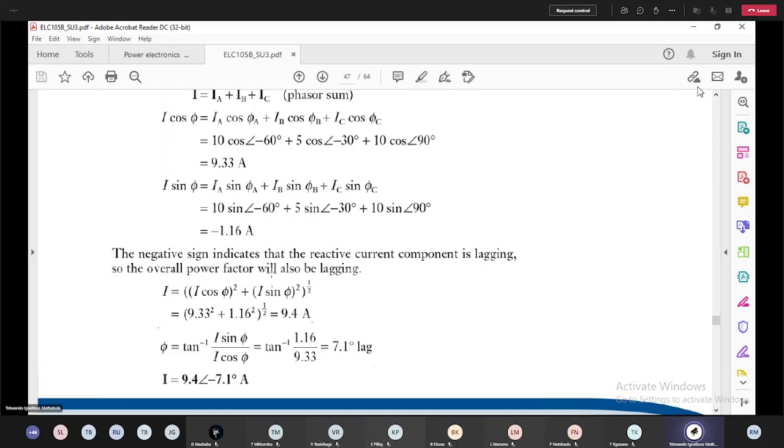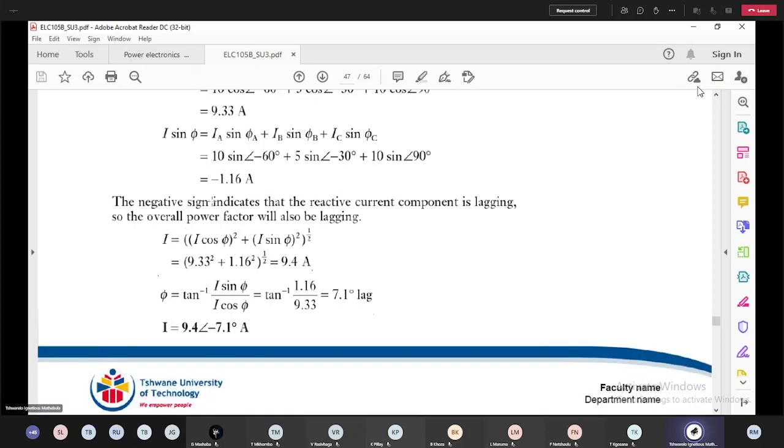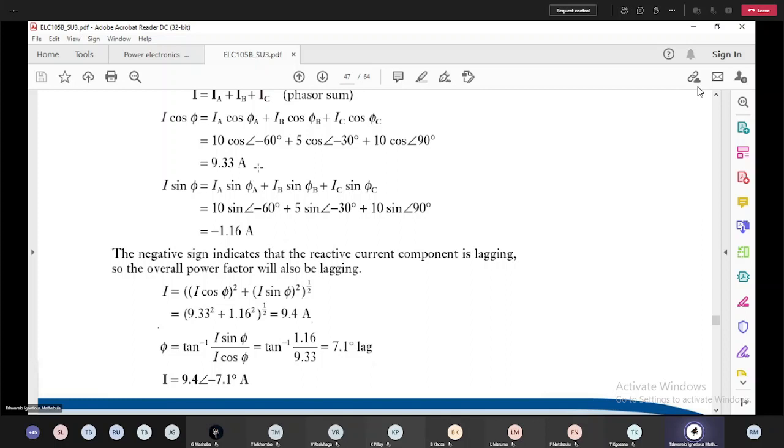We will deal with power factor when we move to the next chapter, where we deal with power in AC circuits. We will dwell a little bit more on what a power factor is. So what is the total current really that comes out of all these different currents connected in parallel? We have found what the cosine component is and what the sine component is.